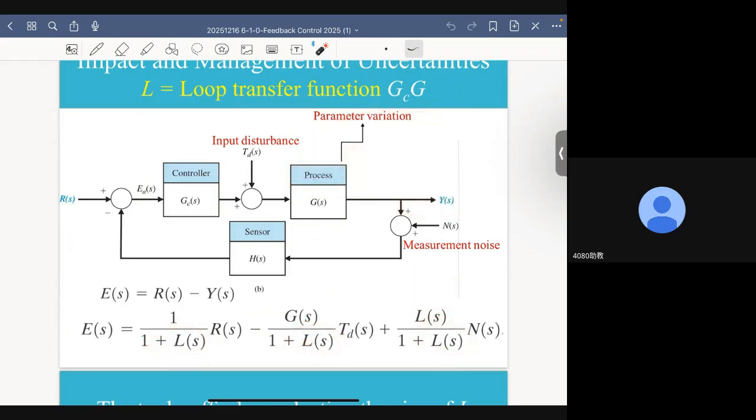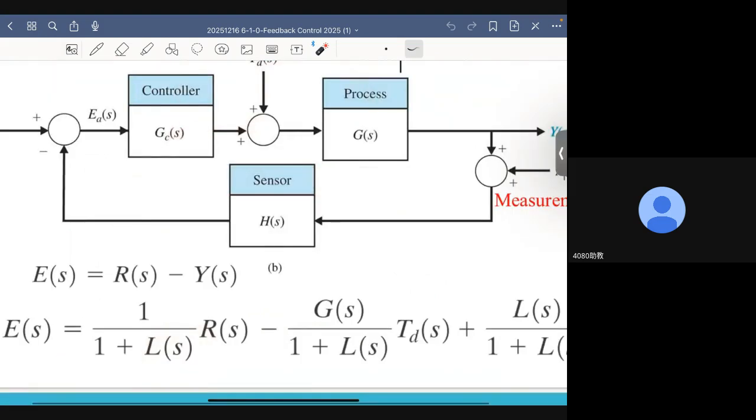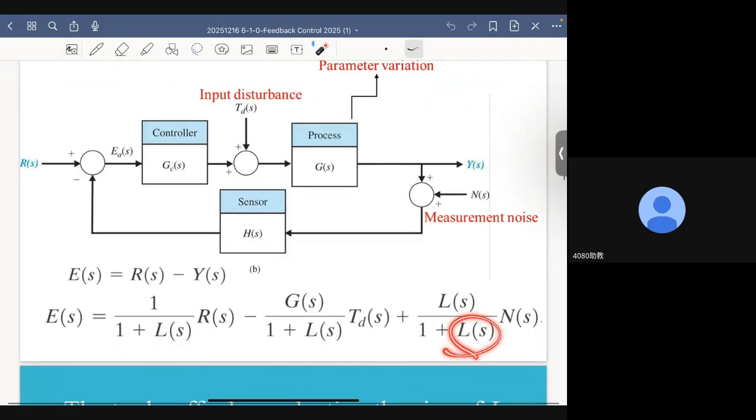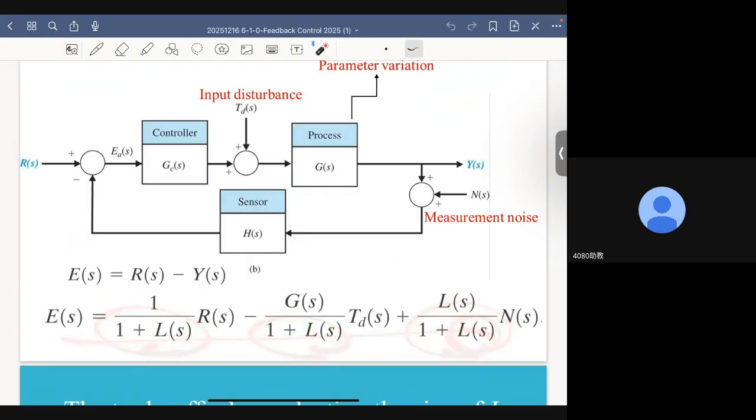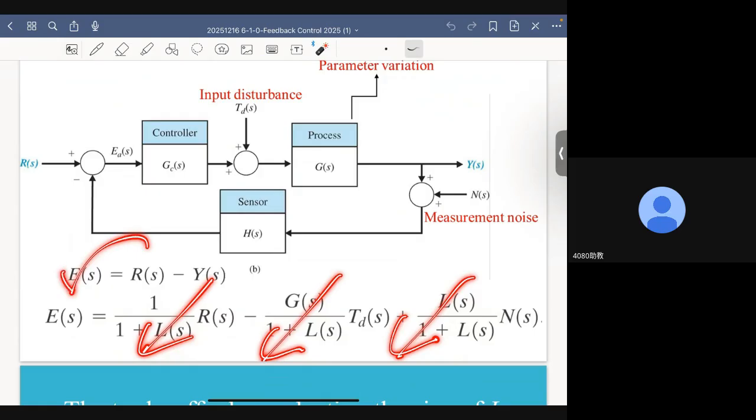All right. So one simple way to reduce the error is to increase L, right? Because when L increases, the denominator of all these three terms increases. As a result, the contribution of these terms to the error decreases.